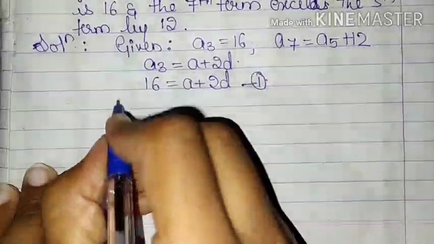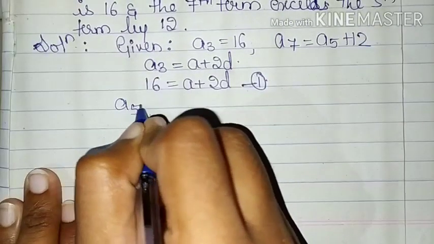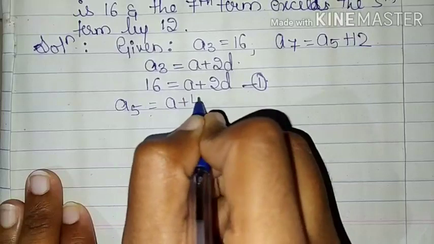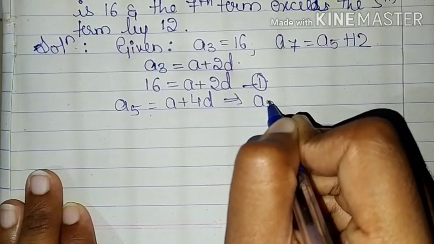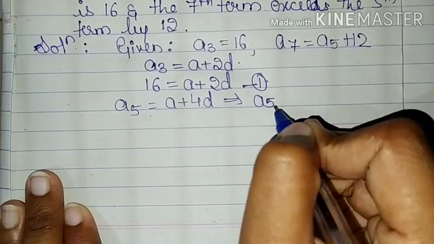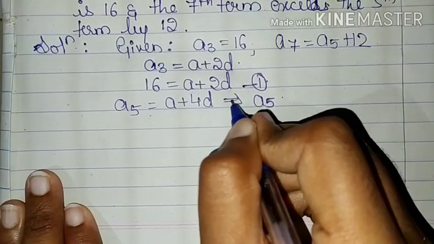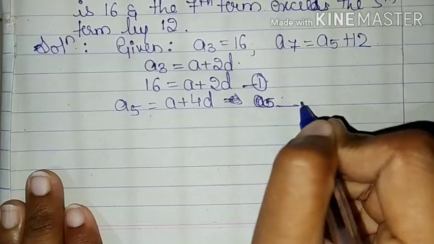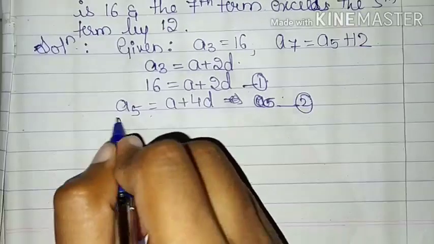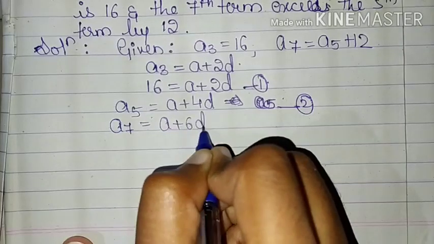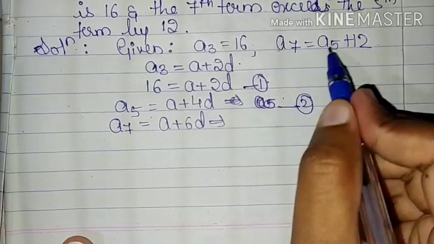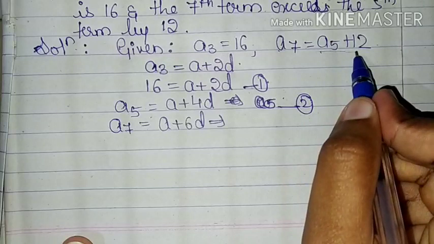Now a5 is equal to a plus 4d. This is our second equation, and a7 is equal to a plus 6d. We know that a7 is also equal to a5 plus 12.